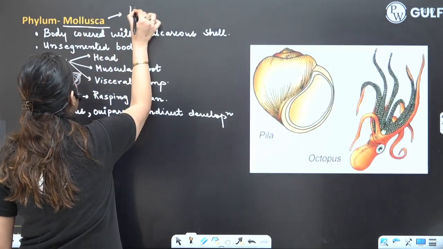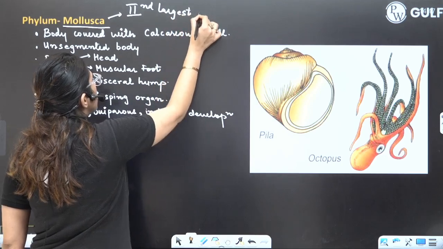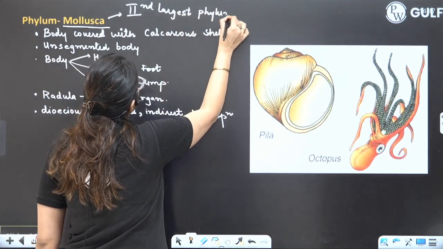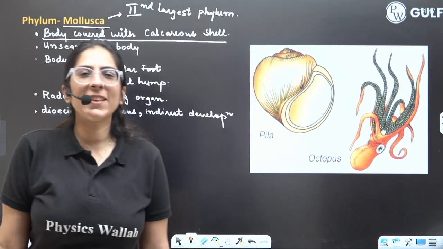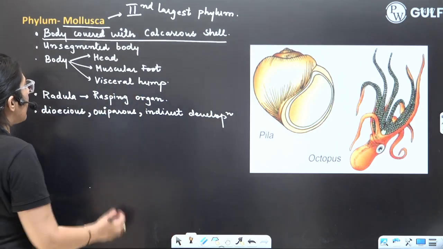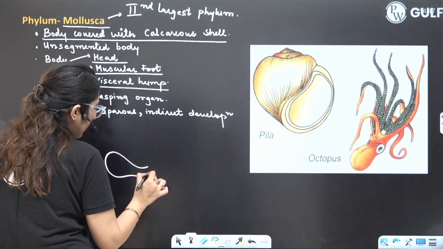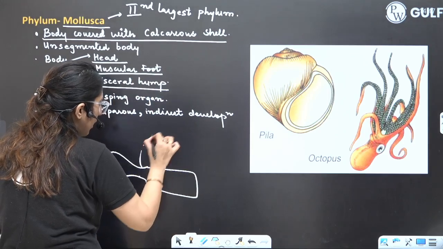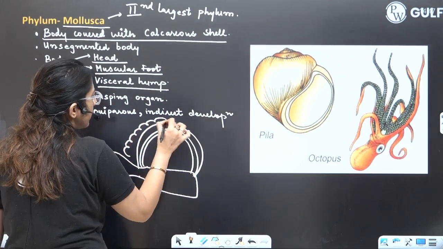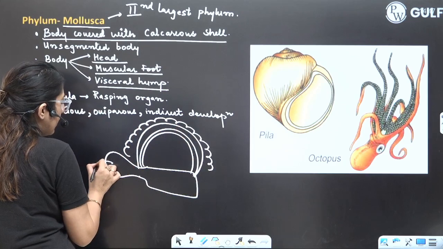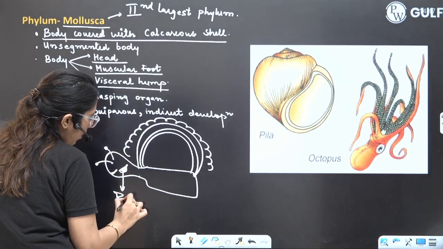Mollusca. What is this? Second largest phylum. The body is covered with a calcareous shell. The characteristic feature is that the body is divisible into head, muscular foot and visceral hump. So they have a body like this: muscular foot, visceral hump, mantle, calcareous exoskeleton, tentacles, mouth and radula, a rasping organ.